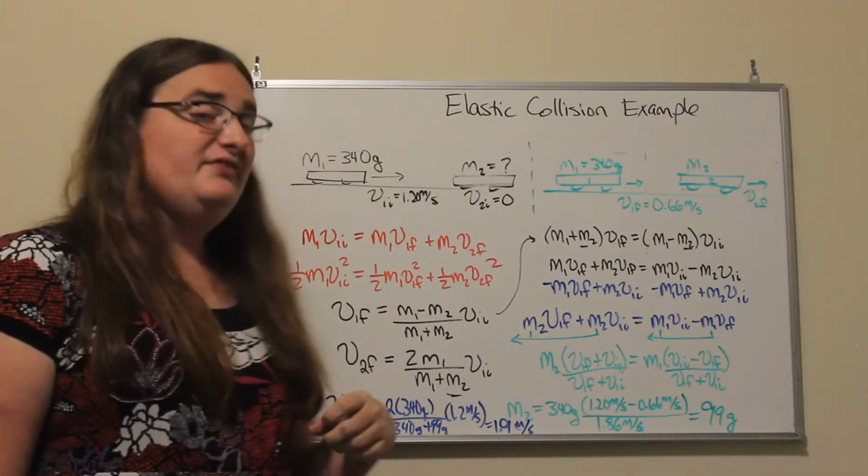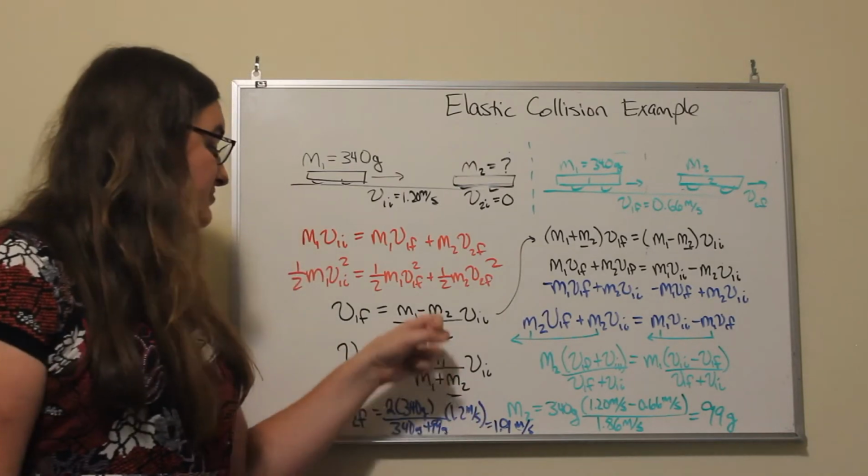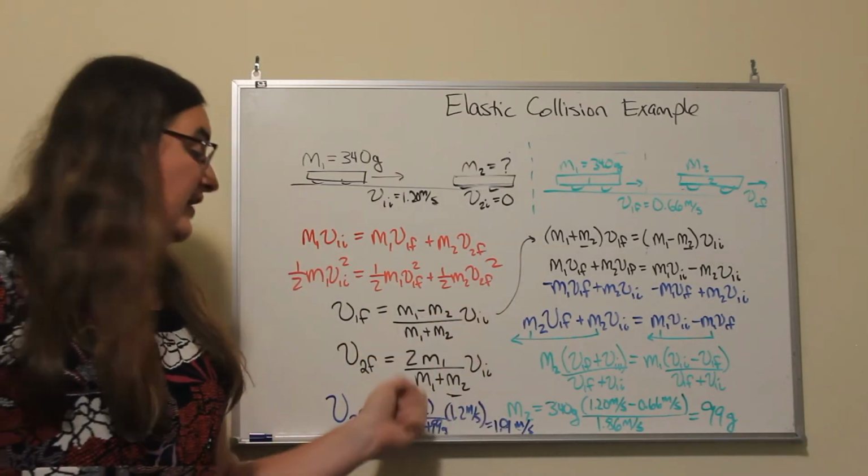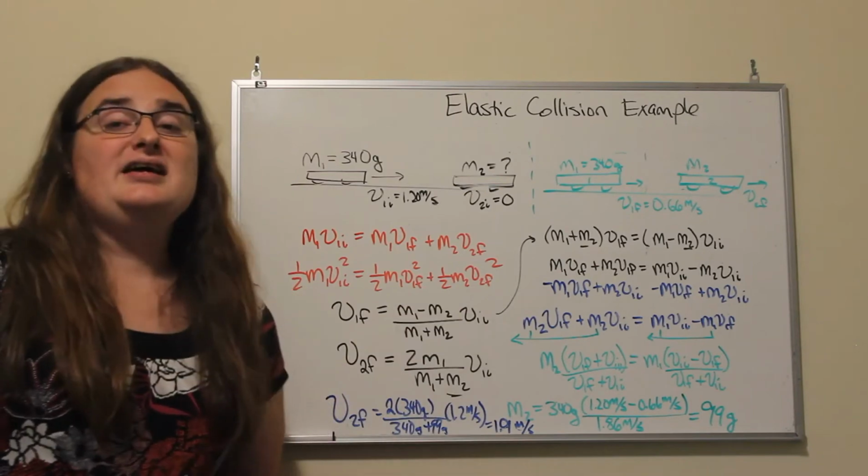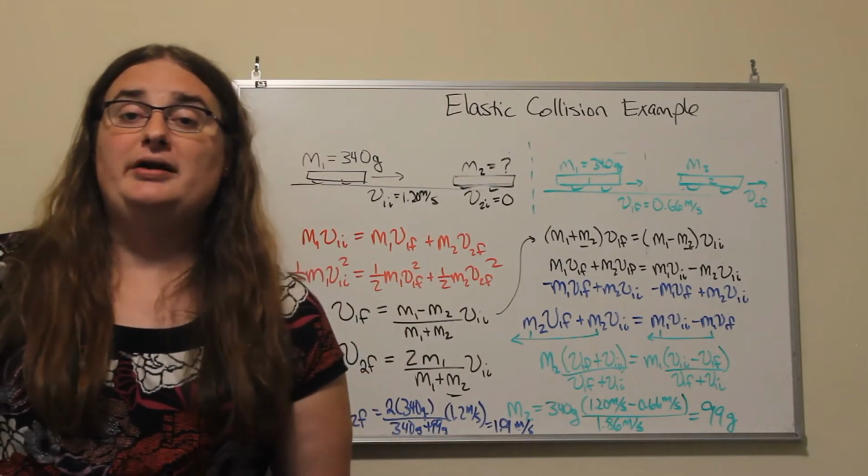And the final velocity of object 2 is 2 times the mass of object 1 divided by the total mass times the initial velocity of object 1.